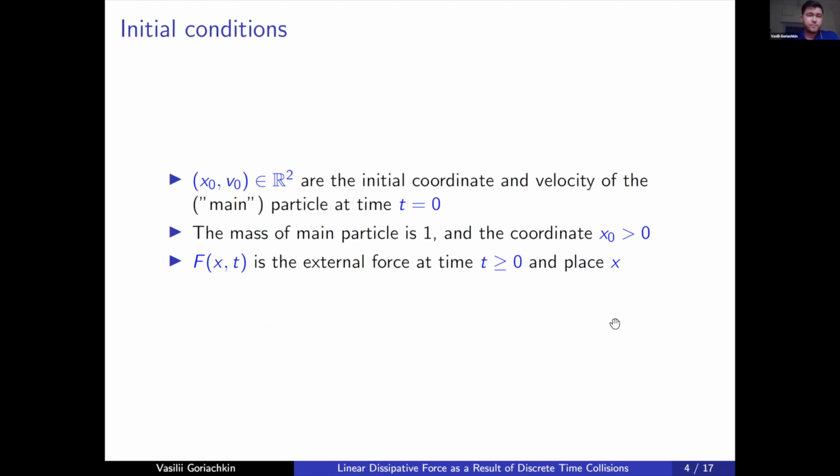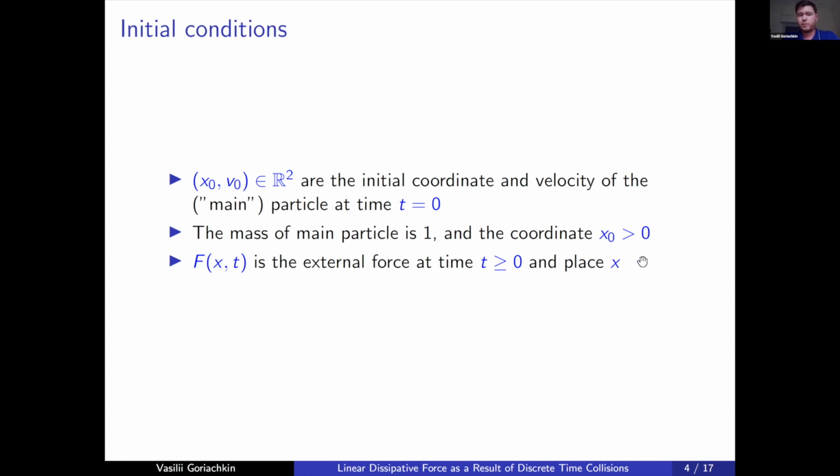Okay, we start with initial conditions. The particle has the coordinate x0 and the velocity v0 in R. We start at time 0, and we call our particle the main particle. Assume also that the mass of the main particle is 1, because otherwise we can just divide everything by the mass of the main particle, and the coordinate x0 is greater than 0.